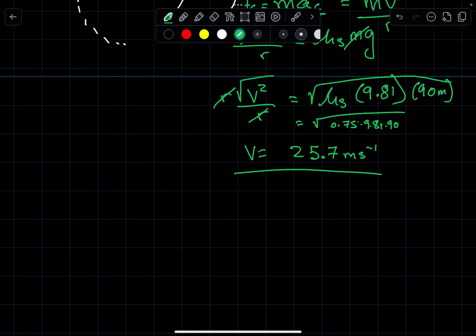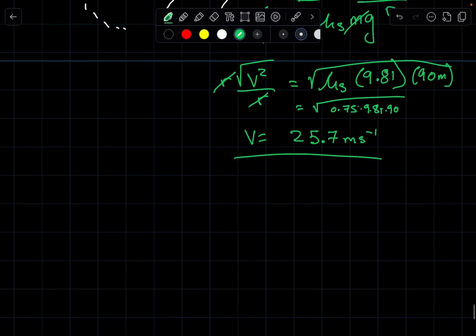Now, let's calculate the coefficient of static friction.